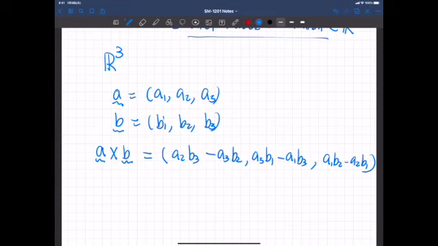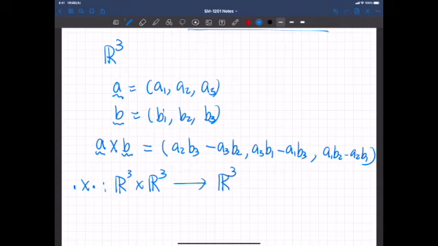So this is a function. The cross product or vector product is a function from a pair of three-dimensional vector spaces to a three-dimensional vector space.